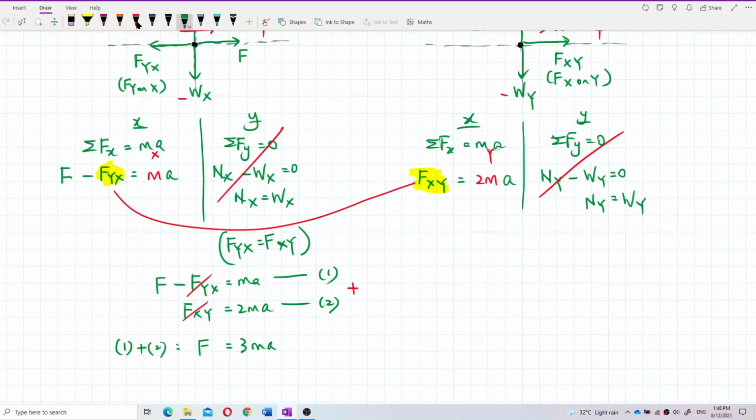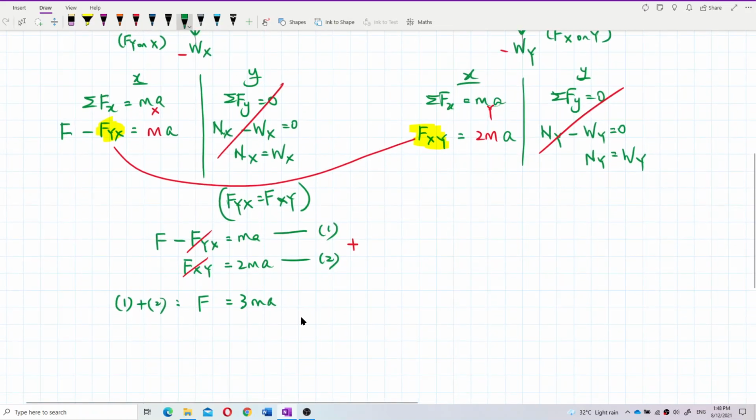So we got the acceleration is F over 3m. We got the acceleration already. Now we need to find Fyx. So maybe we start with number 2. Number 2, Fxy, equals 2ma, right?